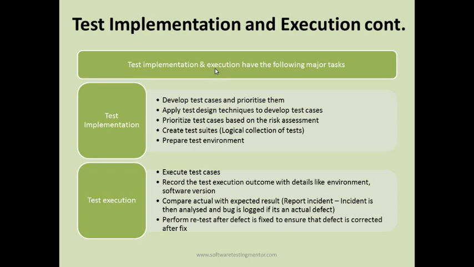So in test execution, you record the test execution outcome with details like environment and software version. As soon as you execute a test case, you mention on which environment, on which software version, which browser, if that's applicable. You record all those details for the test execution. Then you also compare actual with expected result.